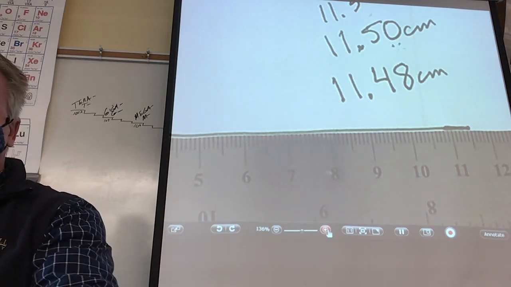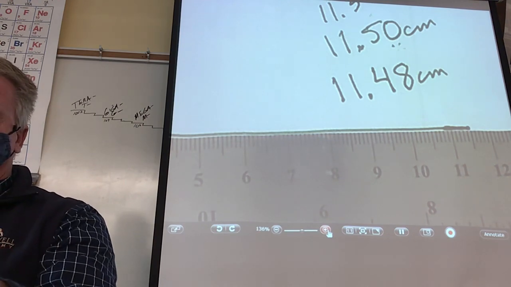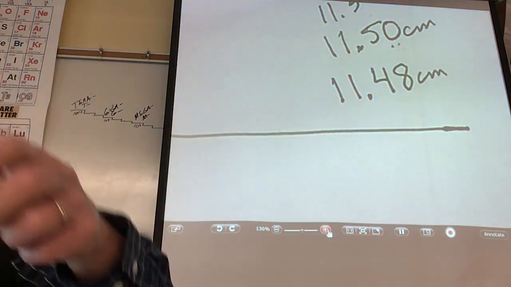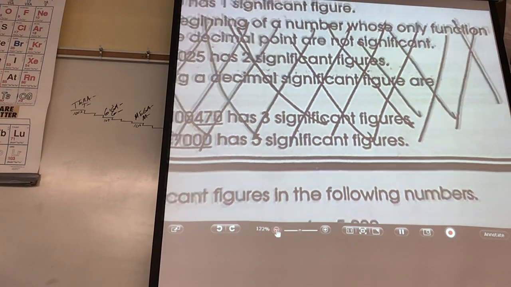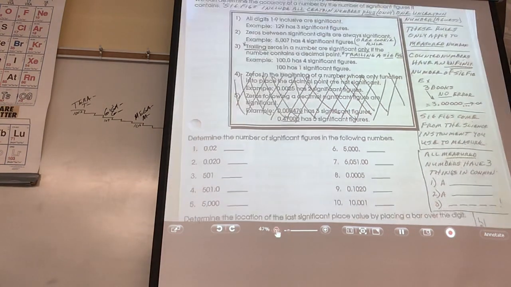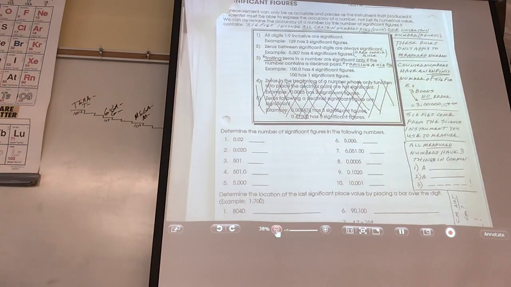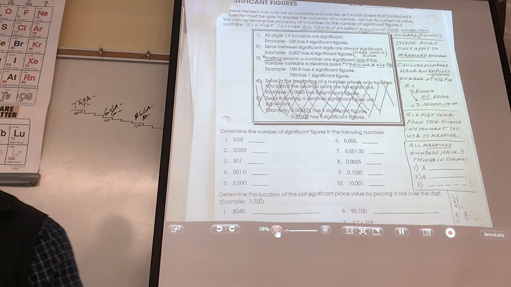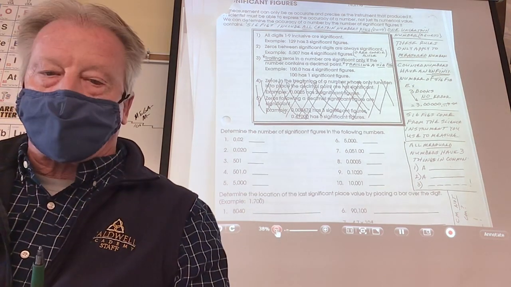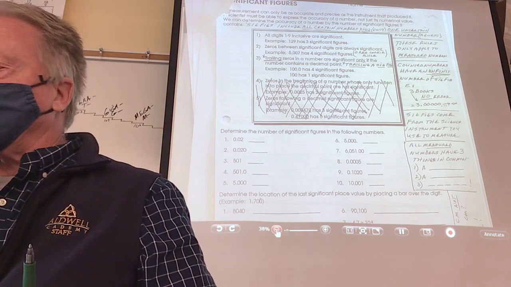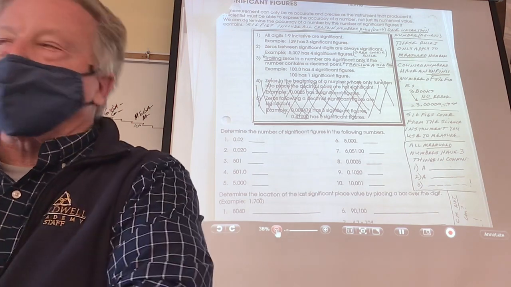So what I'm going to show you is, let me demagnify. Whoa, look at that thing. Now, if you have an older brother or sister who went to school and became a science person or a doctor, they'll probably remember the lesson on significant digits.